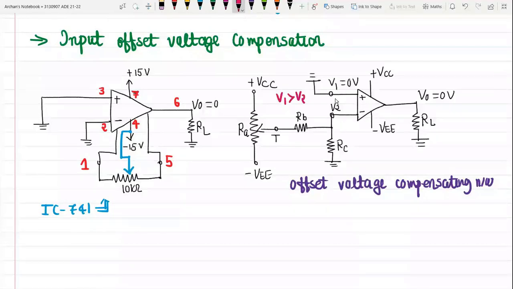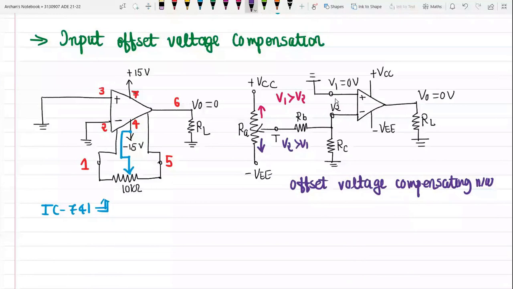Suppose we are available with the second case where V2 is greater than V1. In that case, we need to slide the wiper toward negative VEE.